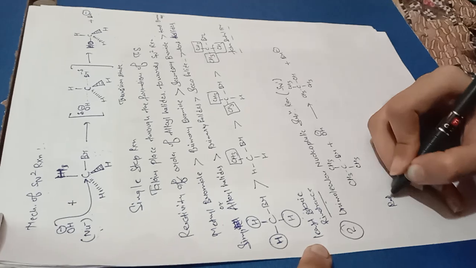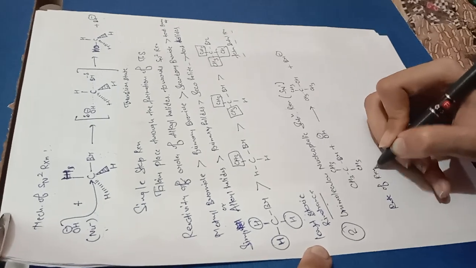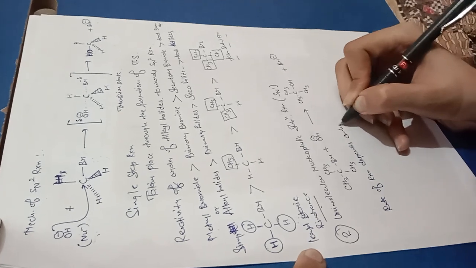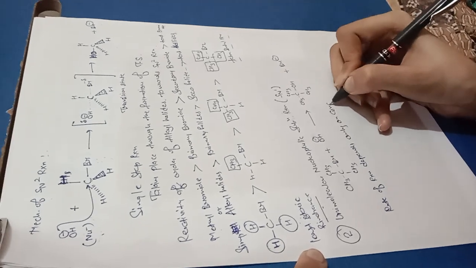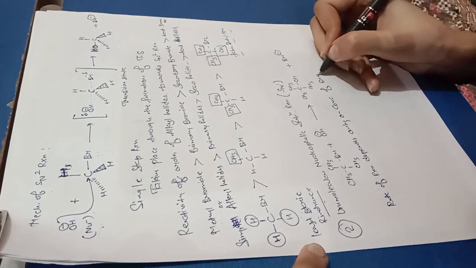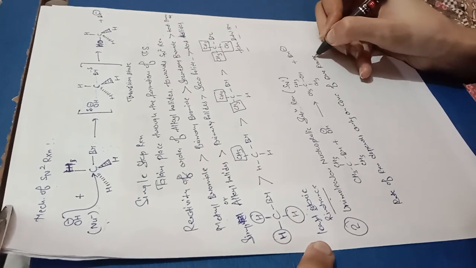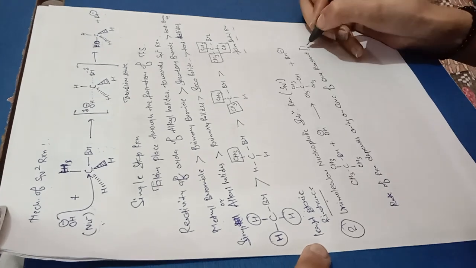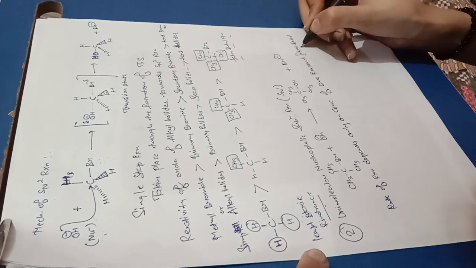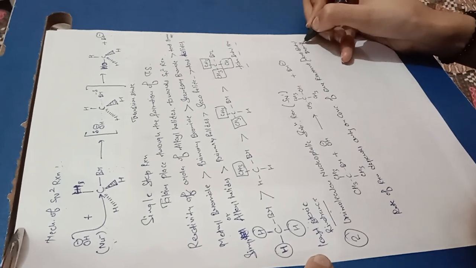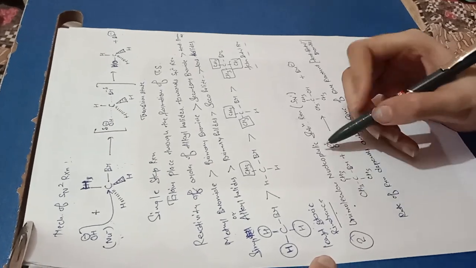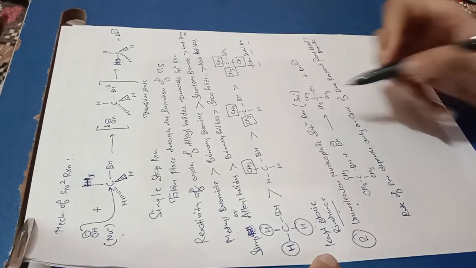Tertiary butyl alcohol will be formed as the final product. Okay, now in this case, the rate of reaction depends only on the concentration of one reactant, that is your tertiary butyl bromide. So this reaction is known as unimolecular nucleophilic substitution reaction.